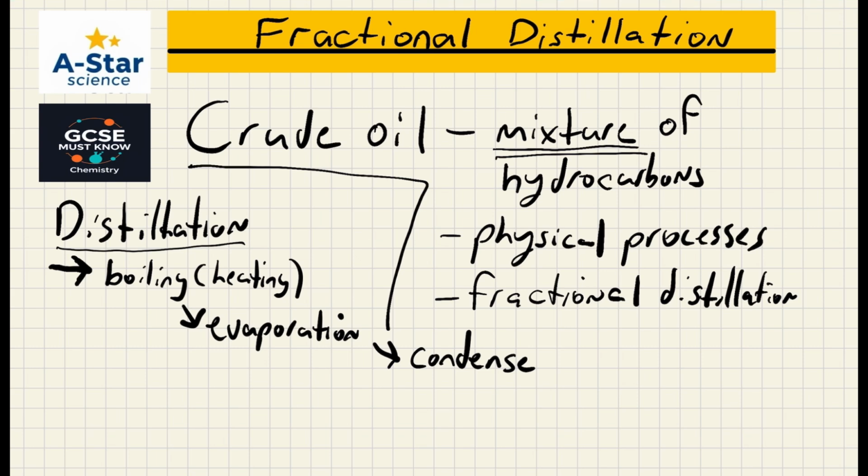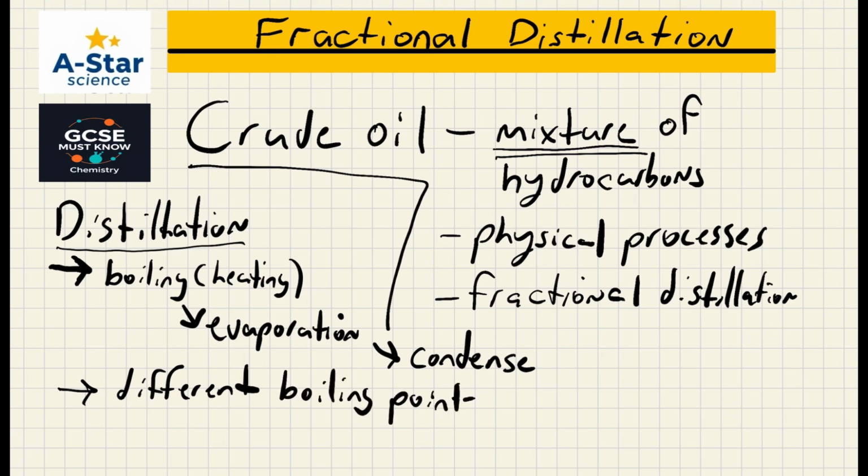Now, the reason they separate is that they have different boiling points. And we're going to look at this in a minute. They have different boiling points. And so because they have different boiling points, when you heat them up, they will evaporate at different temperatures and then condense at different temperatures. And so we can use the process of fractional distillation. Fraction means to separate into parts, like a fraction.